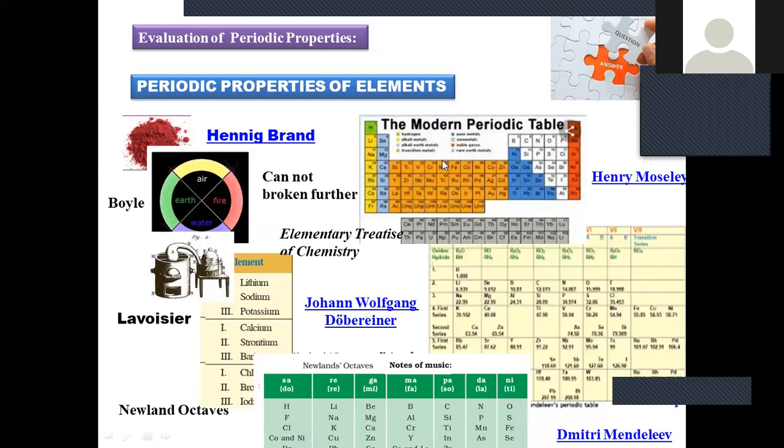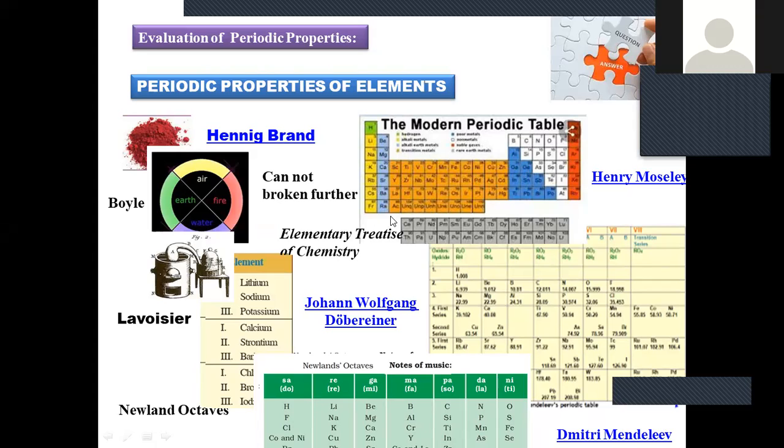So this modern periodic table is framed based on the electronic configuration. Electronic configuration is the main cause for the periodic properties of all the elements present in these columns as well as blocks, right? Along with that, all the elements are arranged in accordance with their atomic number rather than atomic mass.